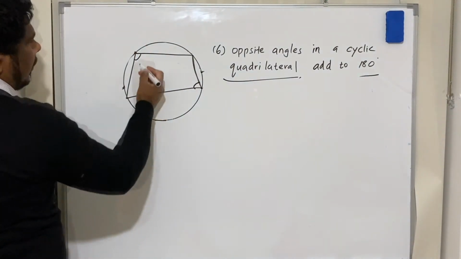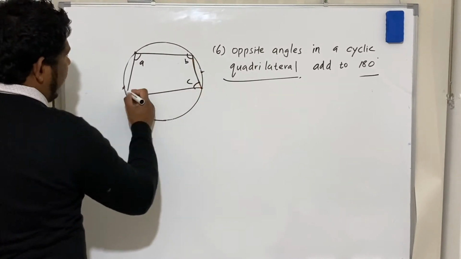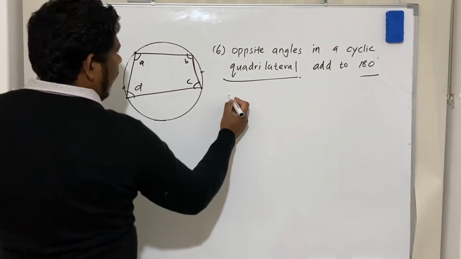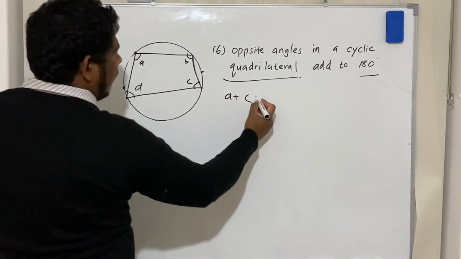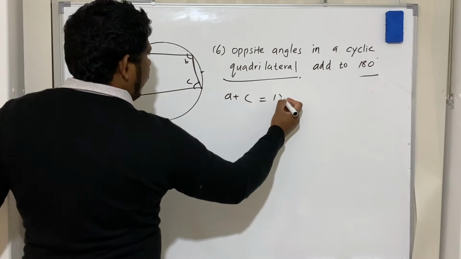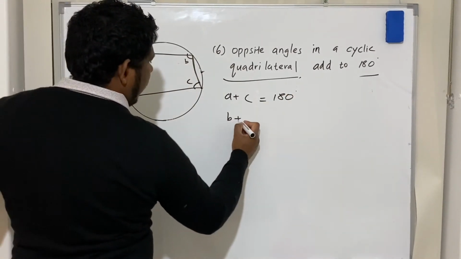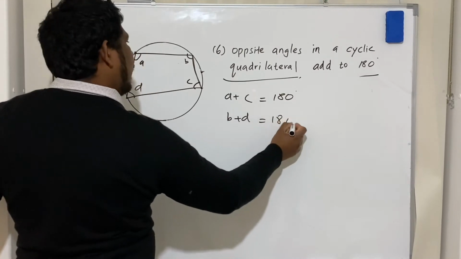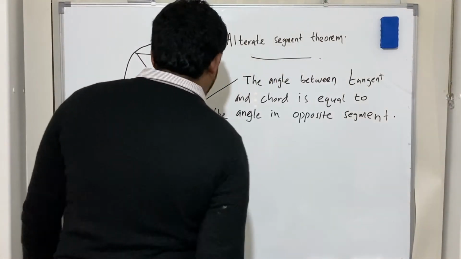For example, if you say this angle is A and this is B, this is C, this is D, A plus C, the opposite angles, add to 180. So B plus D is also 180.